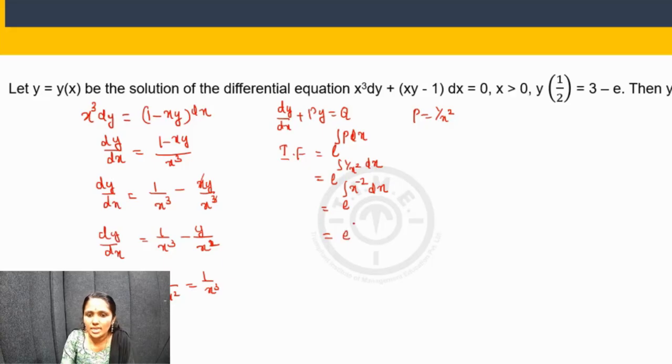So the integral is e raised to x raised to minus 2 plus 1 divided by minus 2 plus 1. So we will get e raised to minus 1 by x. So this is the integrating factor for this equation.